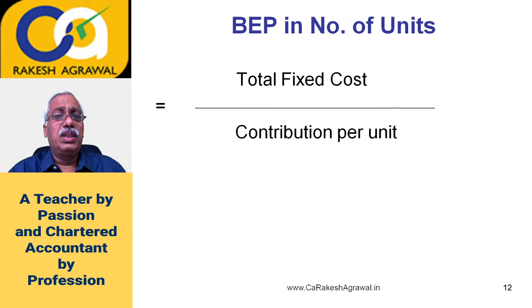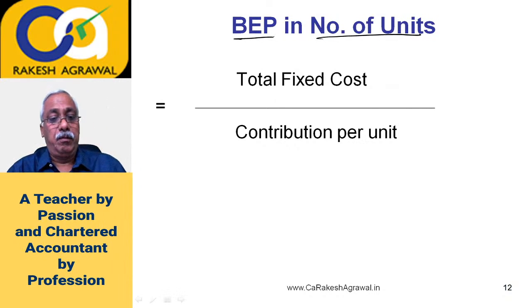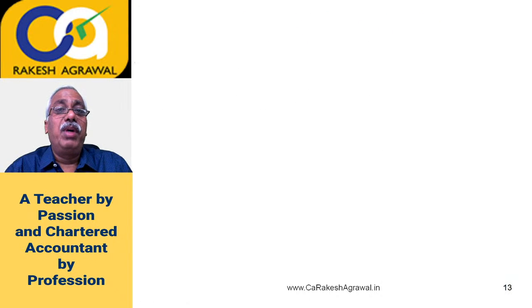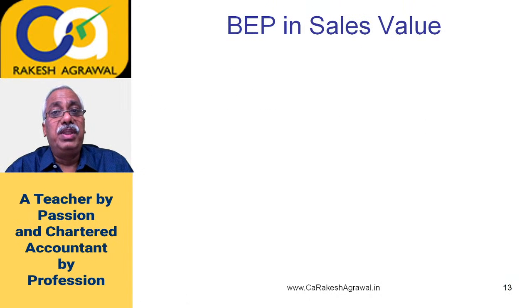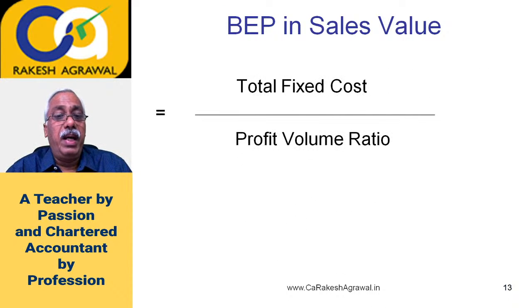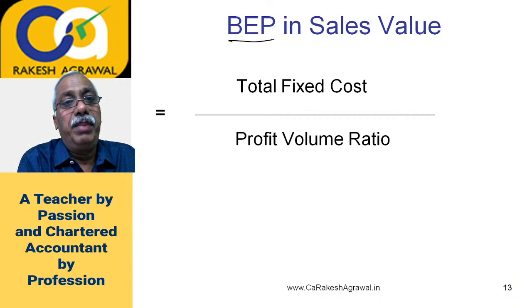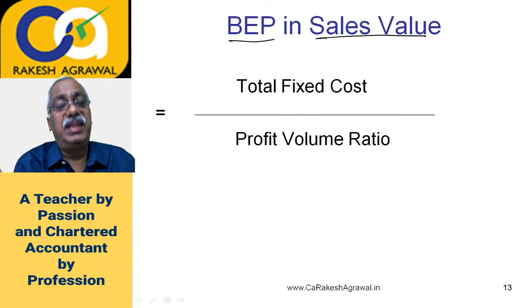So if total fixed cost is divided by contribution per unit, you will get the answer of BP in number of units. Now suppose we want the answer of BP in sale value, means in rupees sales, that is sales turnover. Then the formula will be total fixed cost divided by profit volume ratio, that is PV ratio. So if fixed cost is divided by PV ratio, the answer which you will get will be BP in rupees sales.